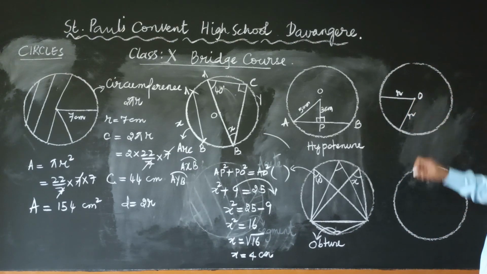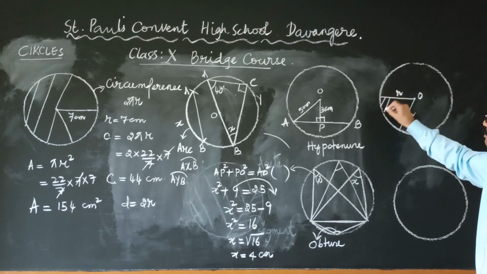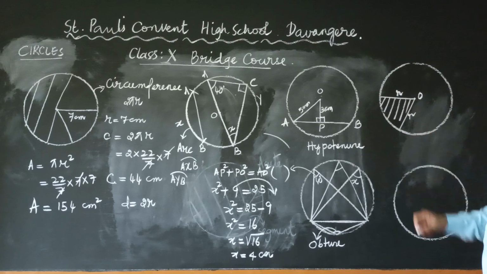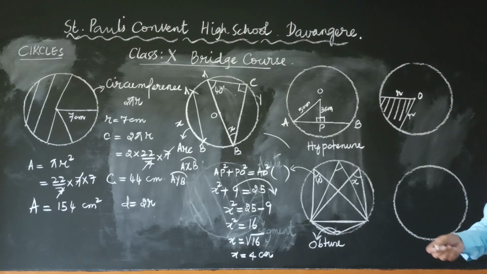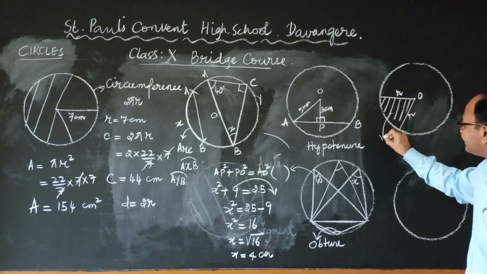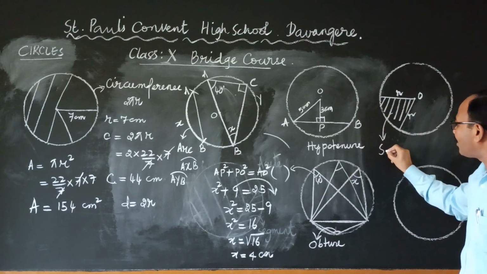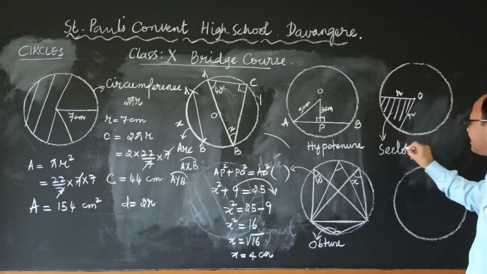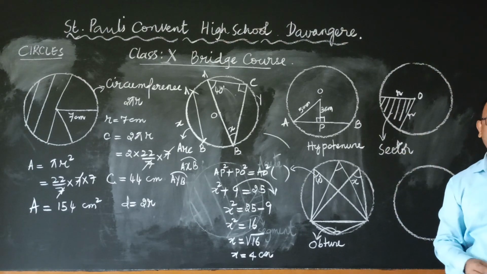One more radius. Okay, we have an area over here. This looks like a piece of cake, children. This segment we have a special name called sector. Minor sector, this is major sector.